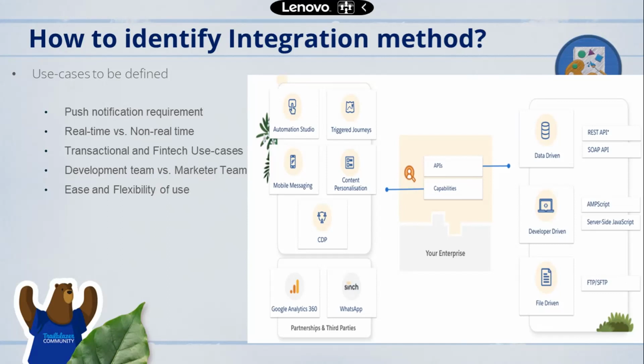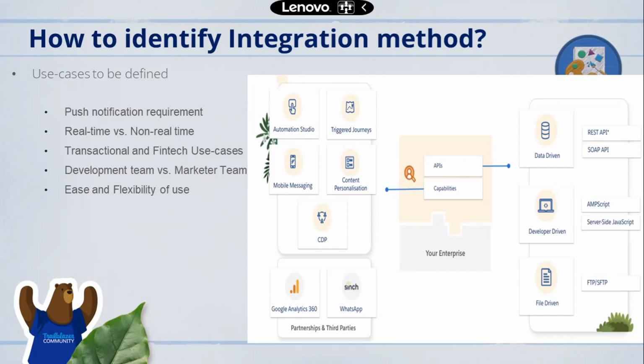Also, you decide based on how the team structure is for your client or for your organization. Do you have a team of developers who can take care of that API heavy lifting, writing code, developing code, implementing SDKs, or is it a more marketer friendly team, who prefers the drag and drop or click based approach?